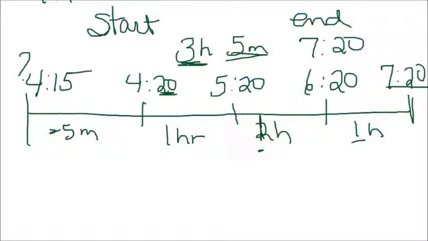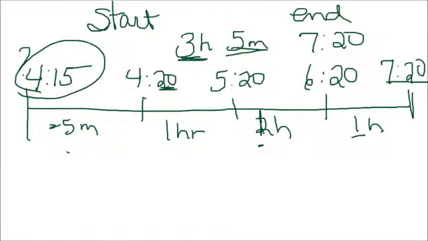So when I'm looking at this, my start time was 4:15 because I subtracted. And I could even add and go, I can add 4:15 plus 5, that does equal 4:20, plus an hour is 5:20, plus another hour is 6:20, plus another hour is 7:20. And so there I have my start and my end time.